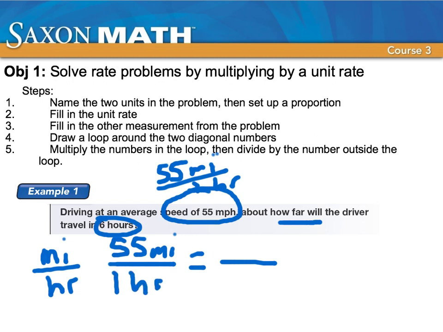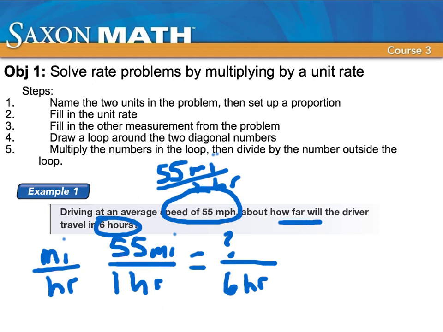That's what 55 miles per hour means. Then fill in the other measurement from the problem. Well, the other measurement tells me 6 hours, so that's got to go on the bottom. Then I put a question mark up here. We got to make sure this matches up with the problem. The problem says, how far will the driver travel? Well, that's going to be in miles, because miles tells me how far.